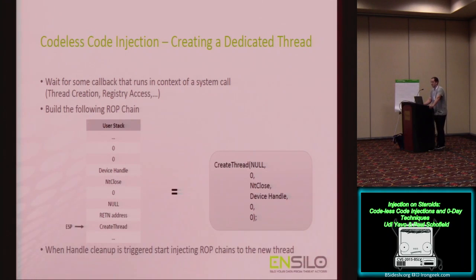So when the thread starts to execute, we'll get a callback to our driver, and now we'll be able to tell that we are in our own thread. It's a dedicated thread. No deadlocks are going to happen. And once we're done with the process, we can let the thread die, and everything will work well.